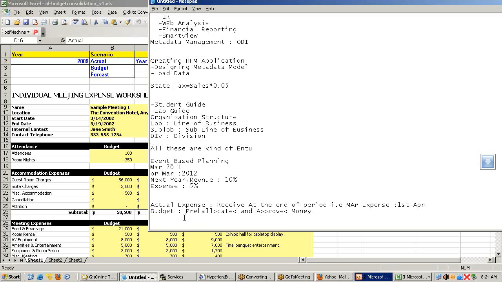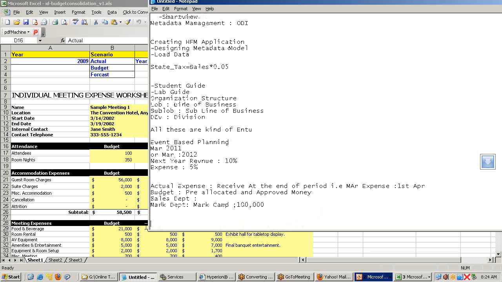So for budget, let's say the marketing department says, for my marketing campaign, I need $100,000. They need $100,000 for the market campaign.